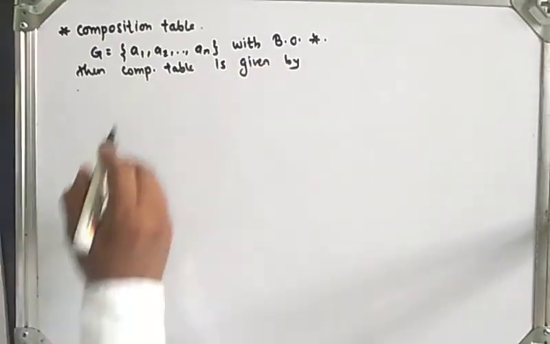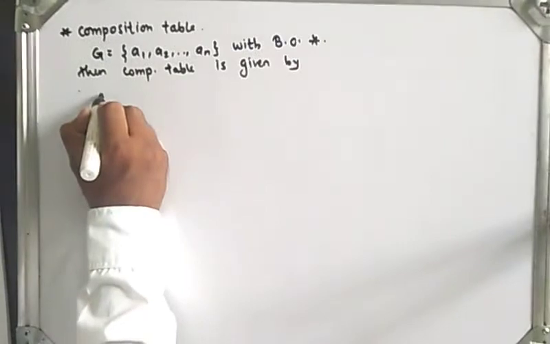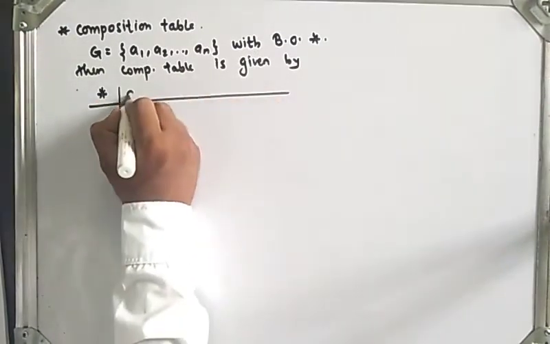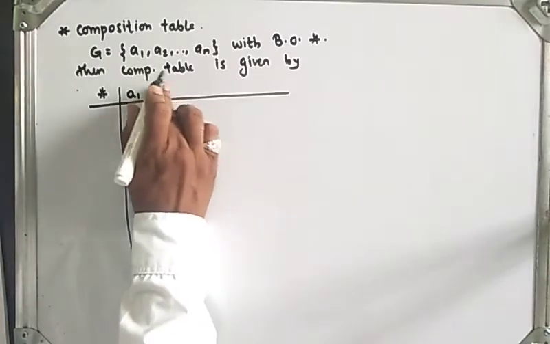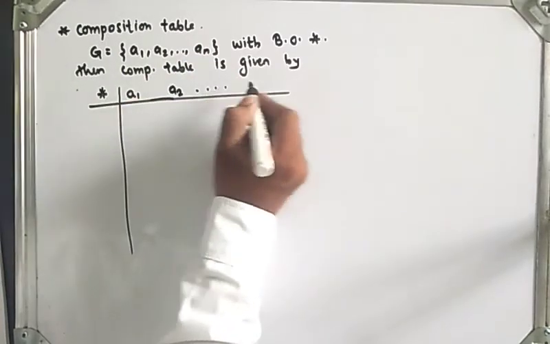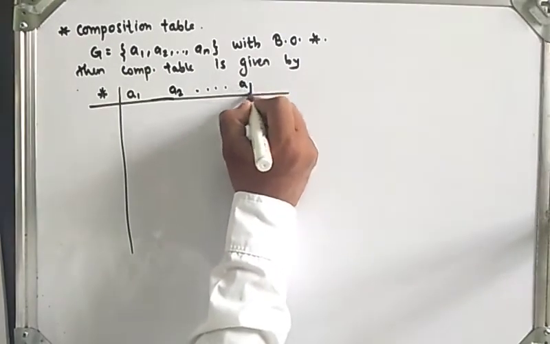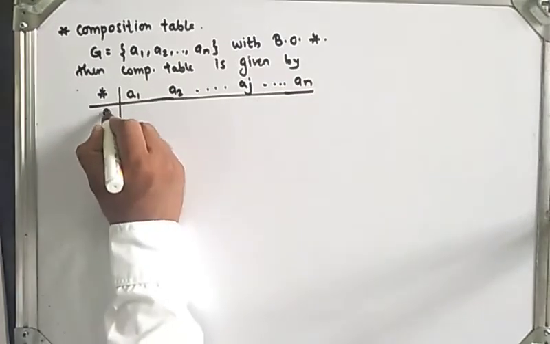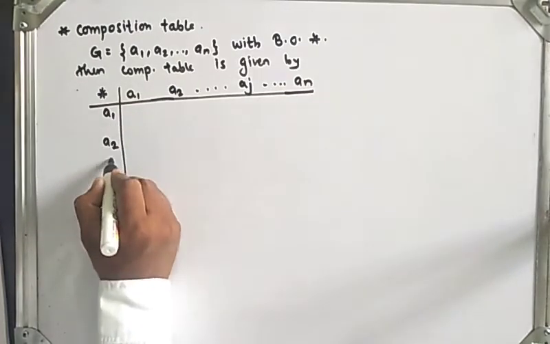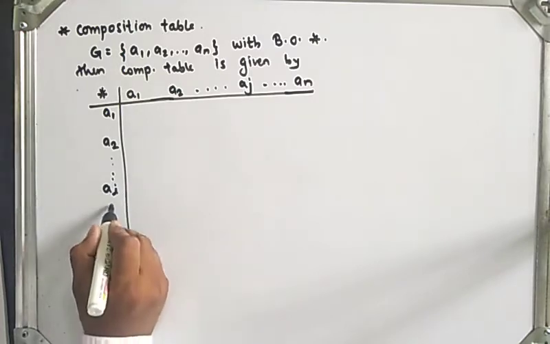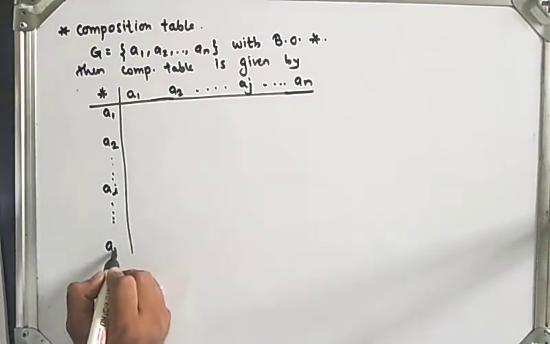so here total there are n elements, so here star is the binary operation and the total elements a1, a2, so this is first a1, a2 up to so on, here aj up to so on an, and here again a1, a2 up to so on ai, and this is again an.